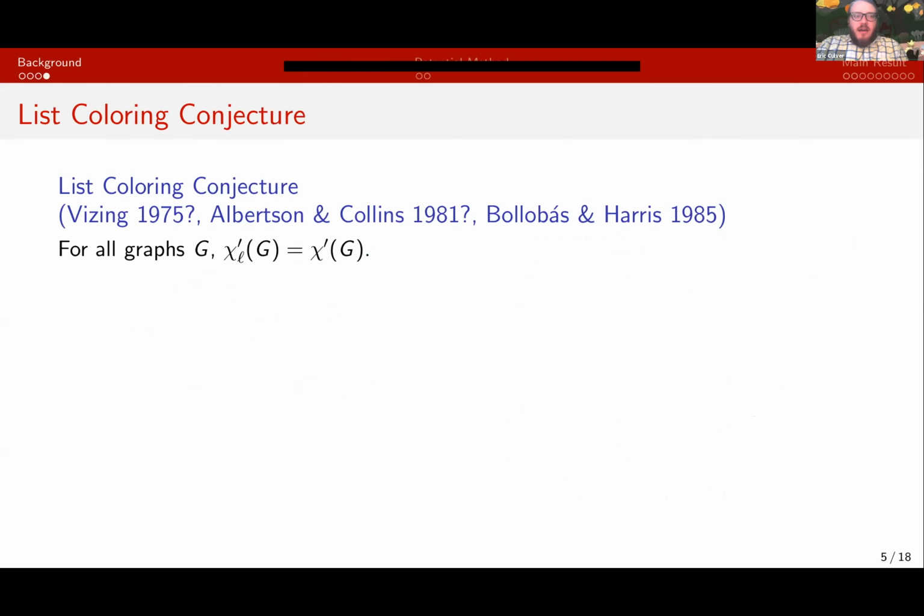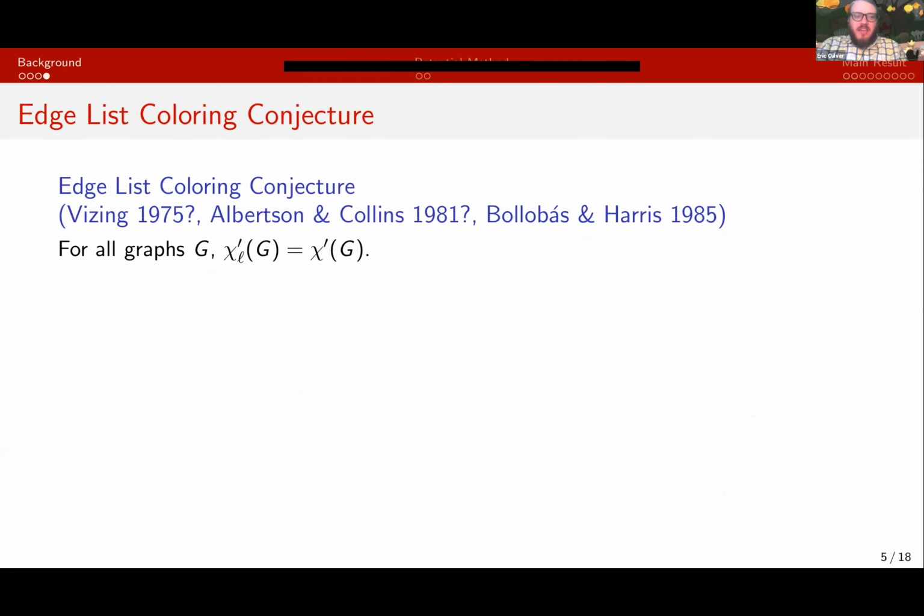So what's commonly called the list coloring conjecture, but I like to call the edge list coloring conjecture because it involves edges, is that for all graphs, the edge list chromatic number is equal to the edge chromatic number.